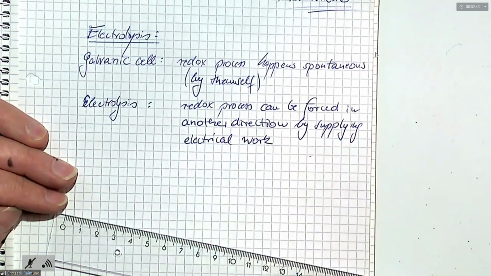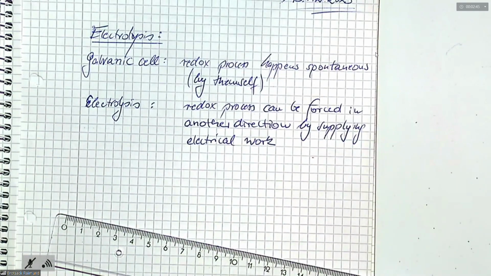Because the redox process, at the end, is a shift of electrons in one or the other direction. In one direction it goes by itself. If you want to have them moving in the other direction, you need power, an electrical work, to push them into the other direction. And that is done in an electrolyzer.